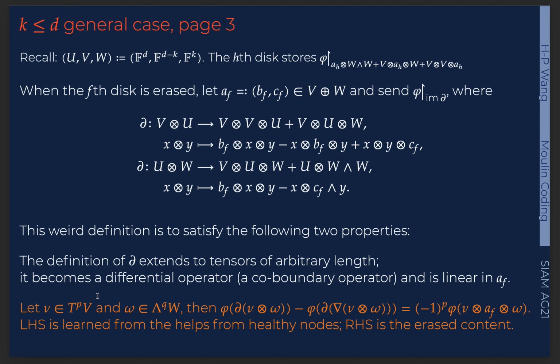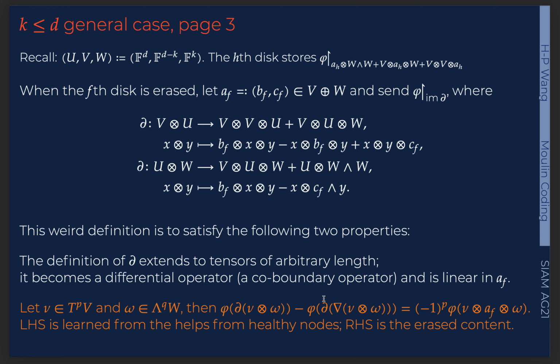The second property is that if we have tensors nu and omega, then phi of partial of nu tensor omega minus phi of nabla of nu tensor omega is equal to plus or minus phi of nu tensor A_f tensor omega.